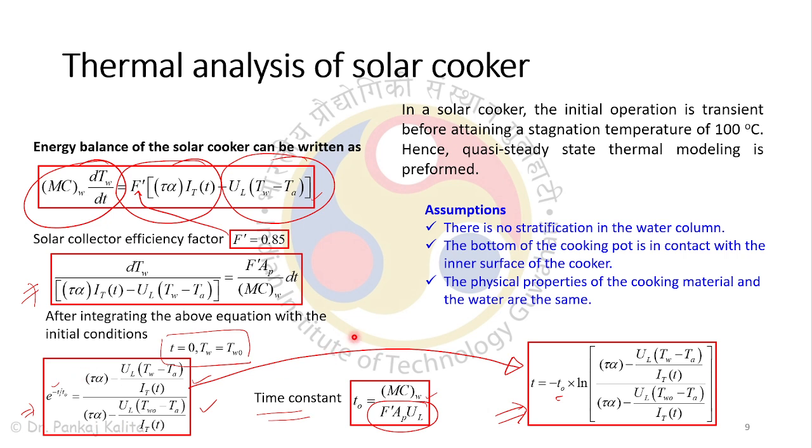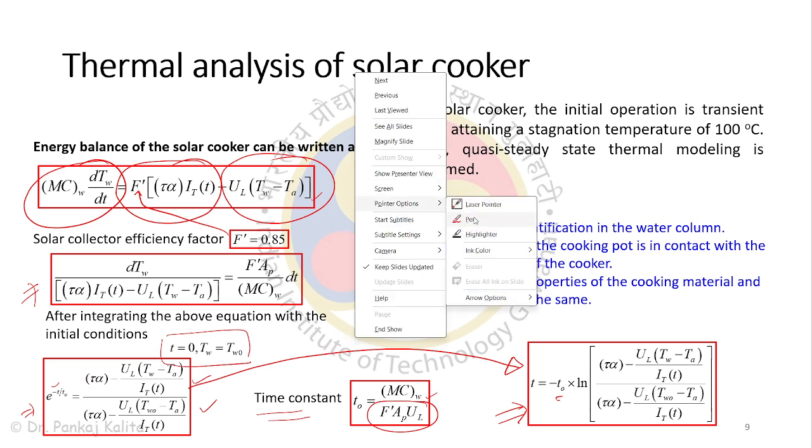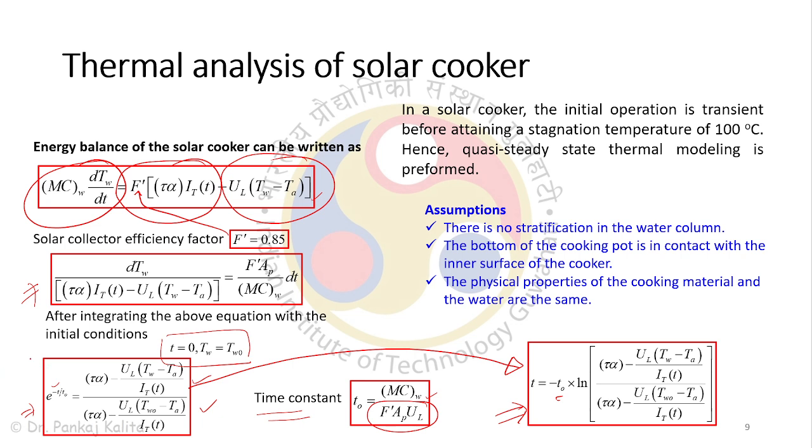So this formula you need to remember. Let me point out what formulas are important. This formula is important, how to calculate the time constant, because it will eventually be used in this particular equation. And this is basically the reshuffled form of this formula. So these two formulas you need to remember.